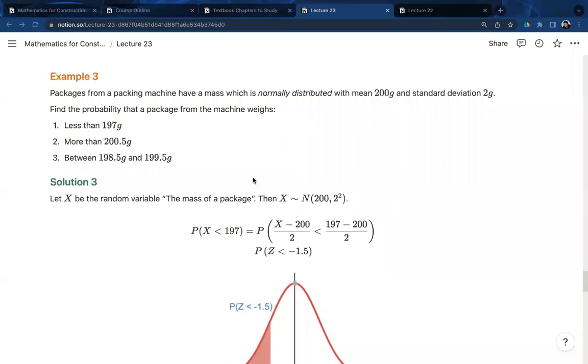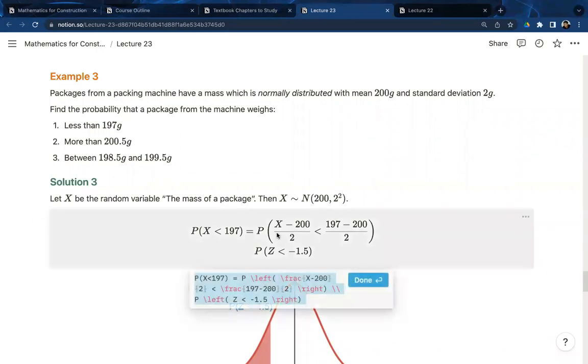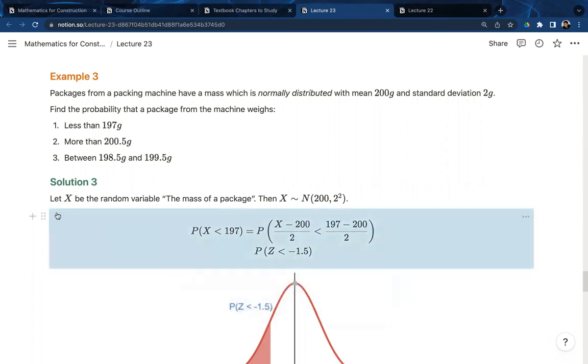So we had to draw a diagram for this third part here. We'll copy this.